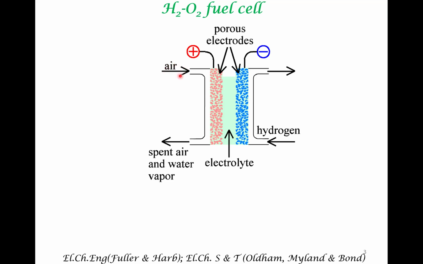So when you supply hydrogen and oxygen, the product of the fuel cell is water and electrical power. So this is exact opposite of an electrolyzer. In an electrolyzer, you supply water and you supply external power, and you generate hydrogen and oxygen.